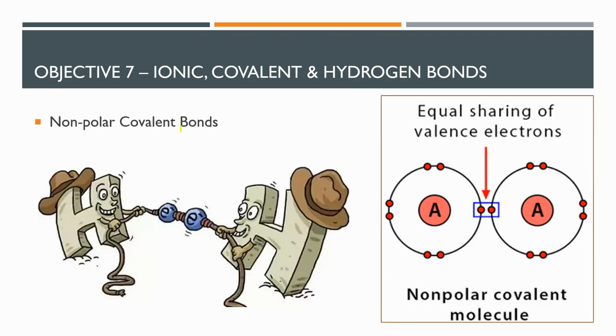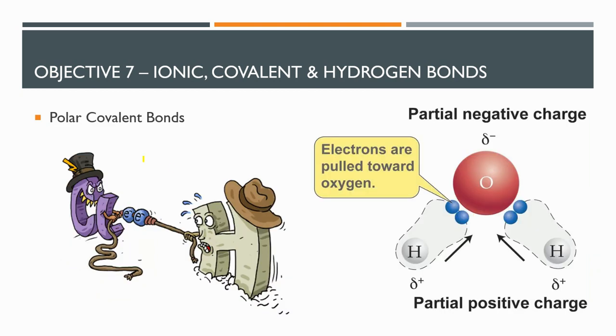So in nonpolar, they all like the electrons the same, so they share them equally. And so what happens is we don't have any type of poles or partial charges or anything like that. But in a polar covalent bond, some elements like them a little bit more, so they tug them and keep them a little bit closer to that end of the molecule.